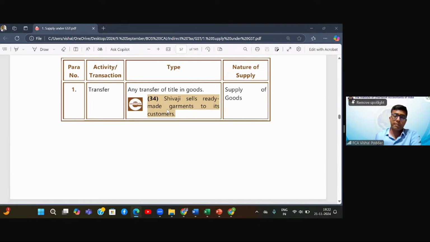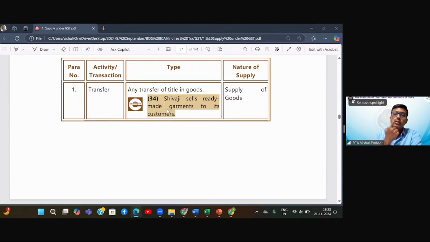ठीक है ये पॉइंट. अब ध्यान से सुनिए, पे अटेंशन. In immobile property transaction, there is a possibility. What is the possibility? The possibility is that in case of immovable property transaction, it may be either renting, leasing, occupying, it will always be service, or it may be buying the immobile property.